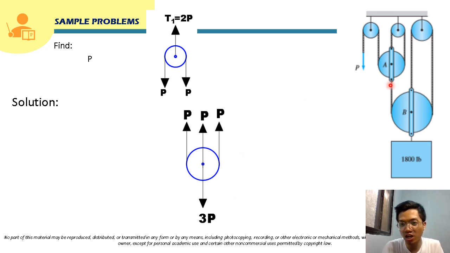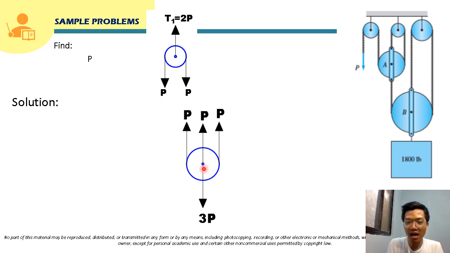From here, this pulley A actually carries this pulley through this cable, so it will provide a downward applied force.